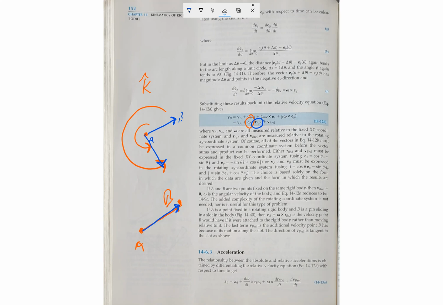So if we know there's a rotation and we know that the blue arrow is AB, then you're going to get another vector in green that is perpendicular to both. So what does that tell us? That is the motion in that direction. And then you're going to add the motion of velocity b relative to the rotating axis.